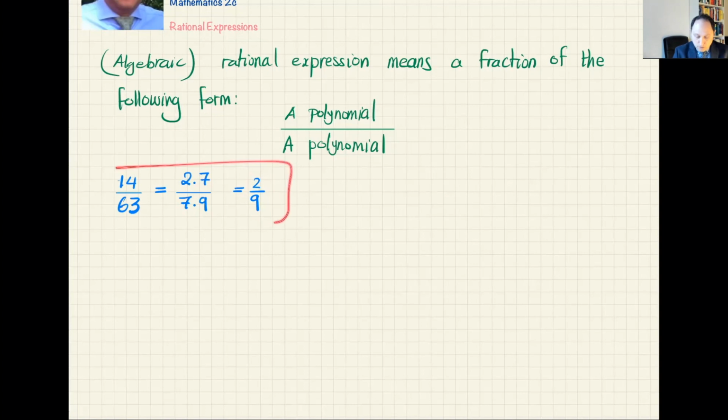This was for numbers. For polynomials, we have to factorize them using the tricks and techniques that we learned for factorizing polynomials. Yes? So this lesson is nothing except two factorization problems and learning how to cancel factors. Okay, so if I give you a polynomial to divide by another polynomial, which is a rational expression, and I ask you to simplify, it seems that I am giving you two factorization problems.